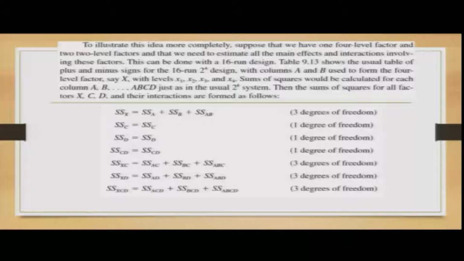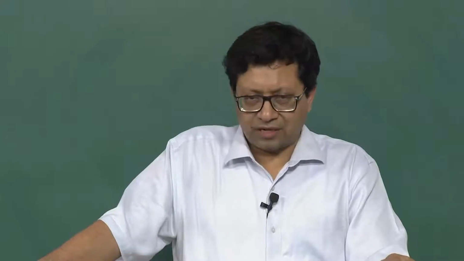If it is C, we are only assigning to C; if it is D, we are only assigning to D; and if it is XC, obviously it would be AC, BC and ABC. Similarly, for XD it will be AD, BD and ABD. Similarly, for XCD it will correspond to that. Based on that, you find the errors and the degrees of freedom, find the mean square values, find the F statistic, and pass your judgment depending on the level of significance.